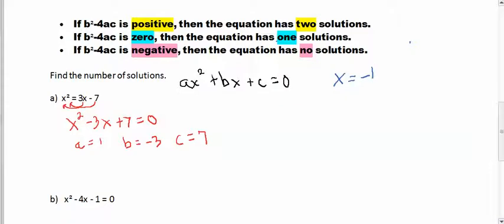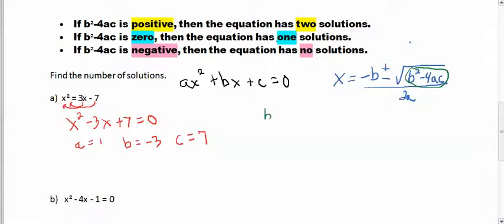It's negative b plus or minus the square root of b squared minus 4 times a times c, all over 2a. But in order to do this problem, all we're worried about is what's inside of the square root. That's all the math we have to do.